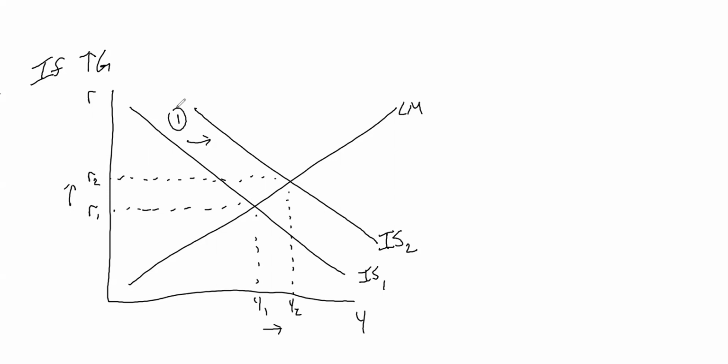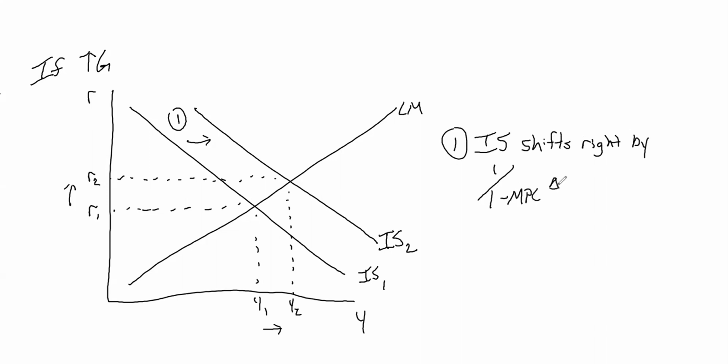So that increase in government spending still shifts the IS curve to the right, and that IS curve shifts to the right by the size of that government spending multiplier, 1 over 1 minus MPC times delta G. And that still has the same basic effect on income.